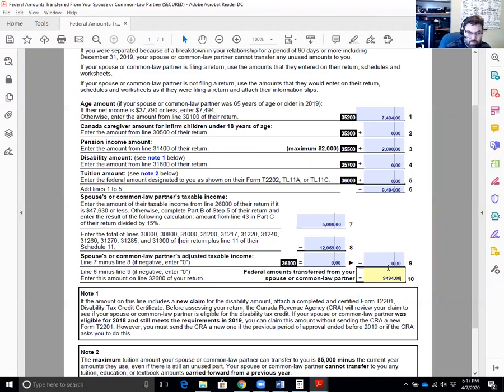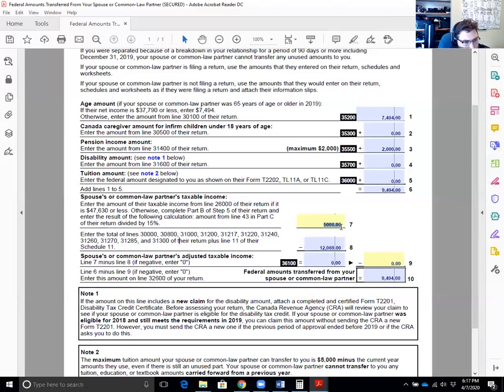9,494. So just like in the last video, the way that you use the education tax credit is you want to bring your taxes to 0. Our partner's taxes already are 0 because they've got tax credit amounts of 12,069, which is bigger than her income of 5,000.